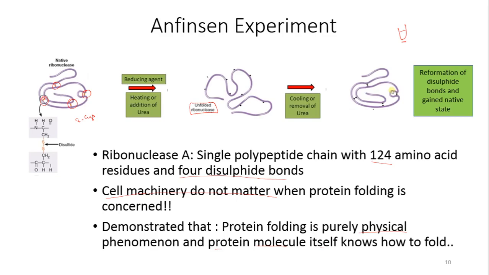So this Anfinsen experiment enabled us to understand how the protein folding happens, and that the cellular machinery usually present around the protein is not the one that affects the folding of your protein. Okay, that was the take home message from this Anfinsen's experiment.